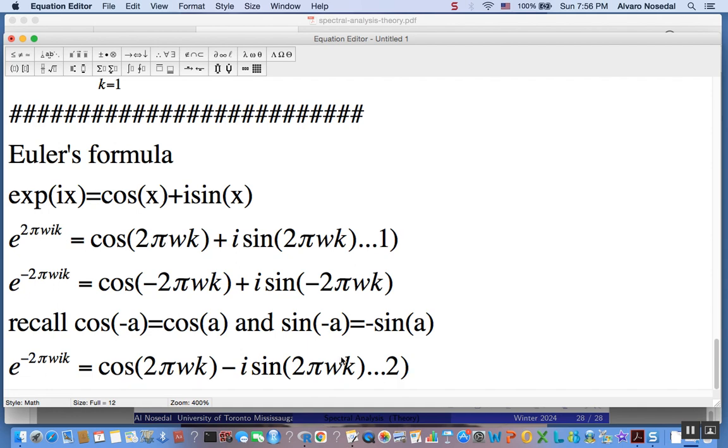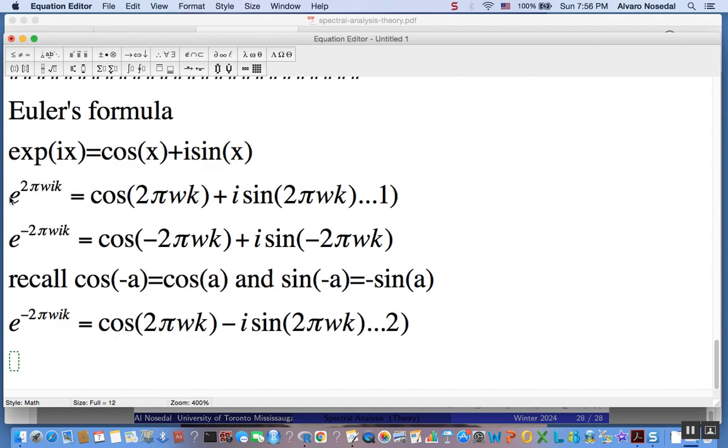So 1 plus 2 is going to be equal to the following expression. This plus this equals cosine of 2 pi w k plus cosine of 2 pi w k.